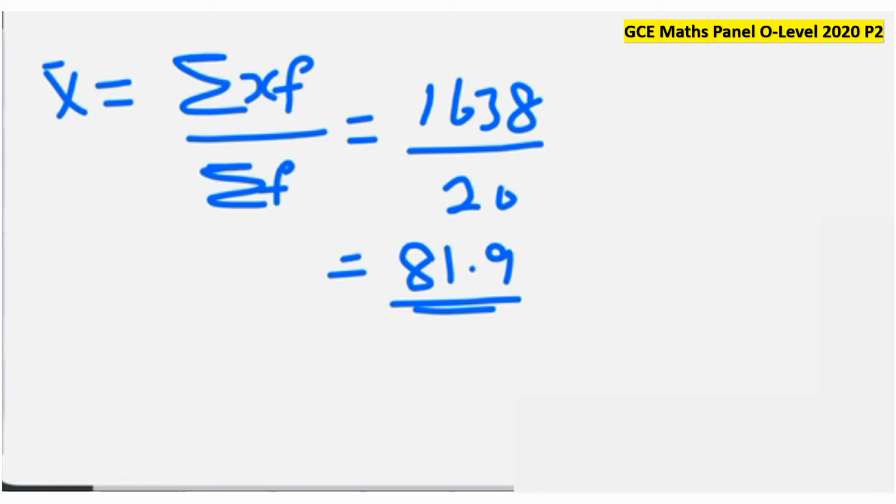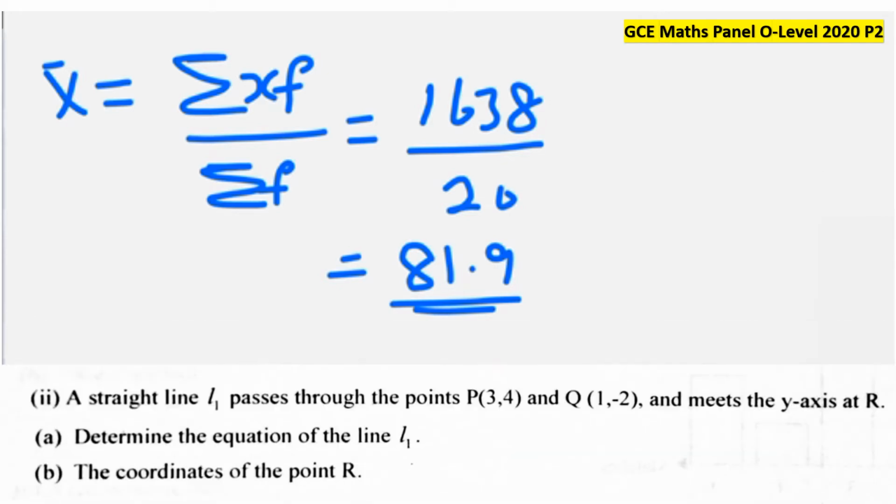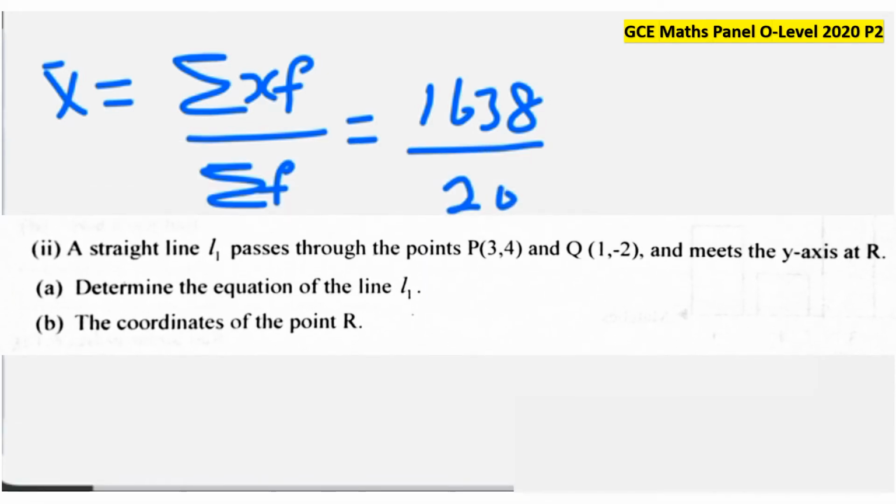All right, the second part of question 2 concerns a straight line L1 that passes through the points P(3, 4) and Q(1, -2), and meets the y-axis at the point R, to determine the equation of the line L1.